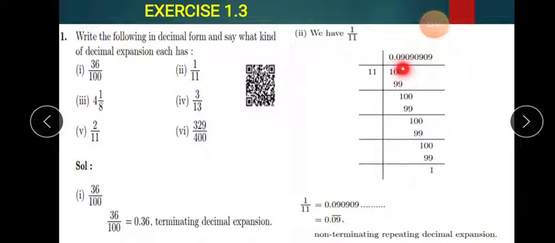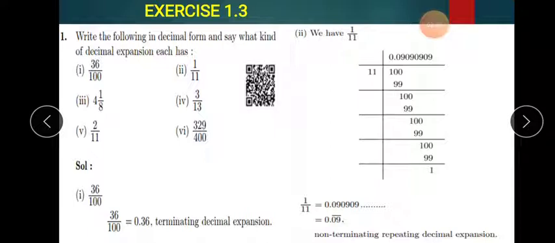The moment we put 0, now 10 becomes 100. So now 11 nines are 99, 1 remainder, again 0 will come. So if you go on dividing, you will get the answer like this: 0.09090909. It means 09 is repeating.